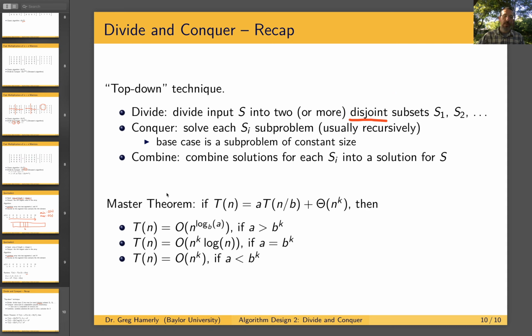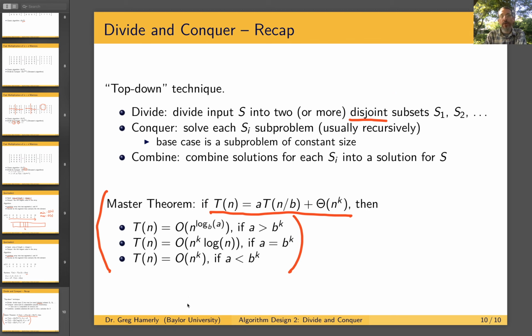And remember that we can often apply the Master Theorem for divide and conquer algorithms, where if we can state the runtime recursively like this, then we can look at the values of a and b and which one's larger, a or b to the k, or if they're equal, and then we just pull out the answer from the Master Theorem.